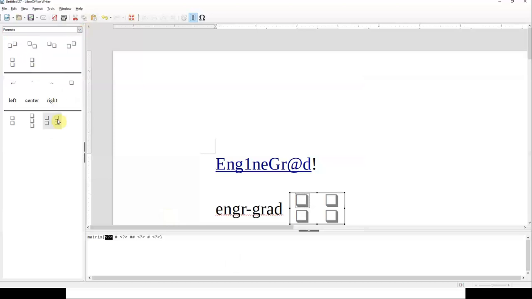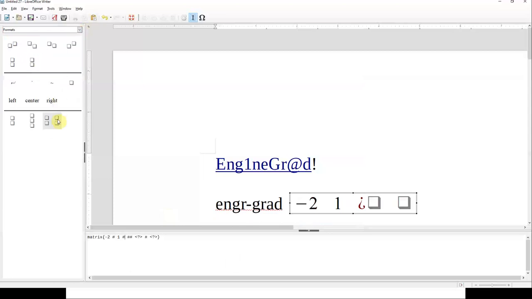Alright, remind me of the variables. Minus 2, 1, minus 1, what else? Alright, that's our A, right? And the next row for A: 1, 2, 3.